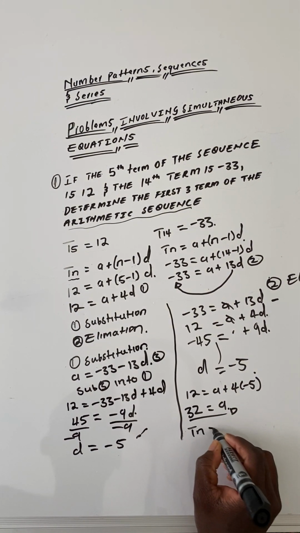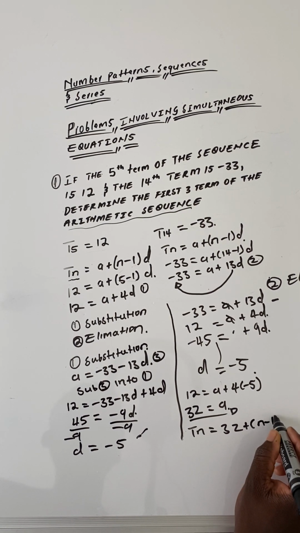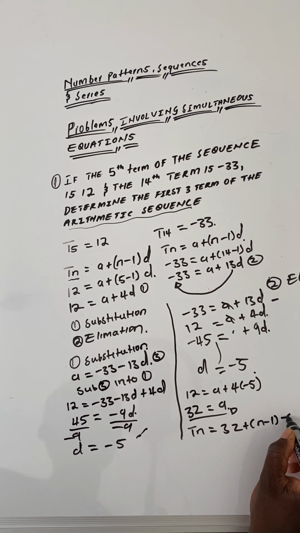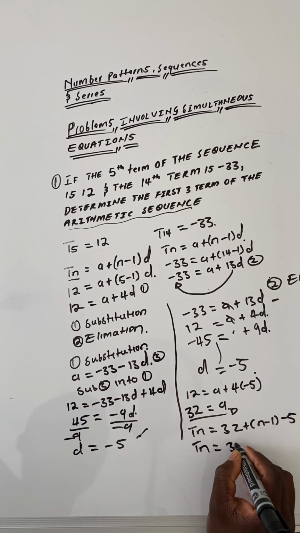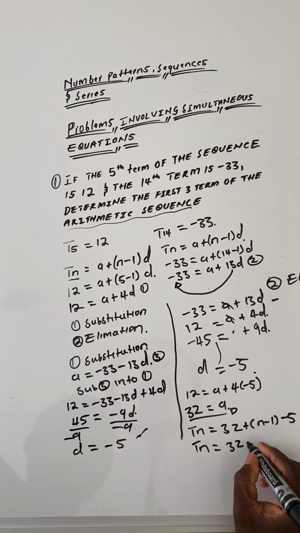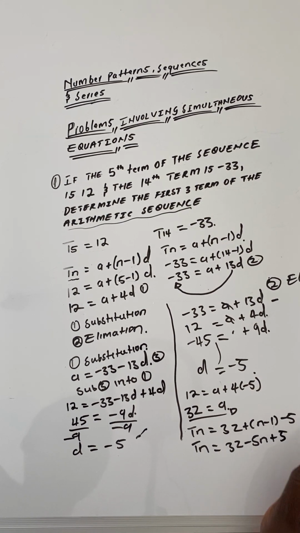So Tn would be equal to a, which is 32, plus n minus 1 times d, what is d? That will be -5, right? So Tn would be equal to 32, -5 times n, that will be -5n, and then -5 times -1 will be +5, right?